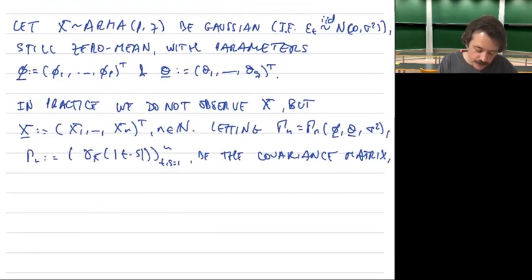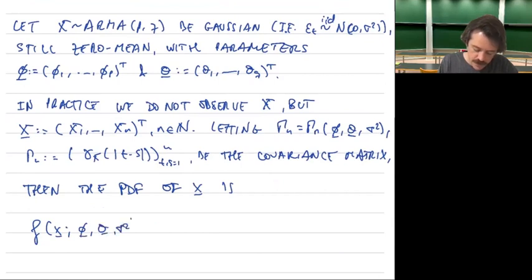Then the PDF of this X underline is given by the usual quantities of a Gaussian distribution.